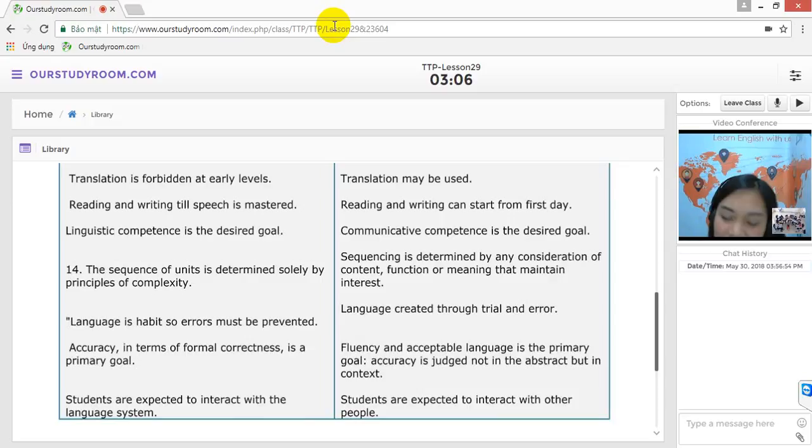Next, teacher Sally. Language learning is habit formation, with automatic sequences. In communicative, language is learned through trial and error. Yes.